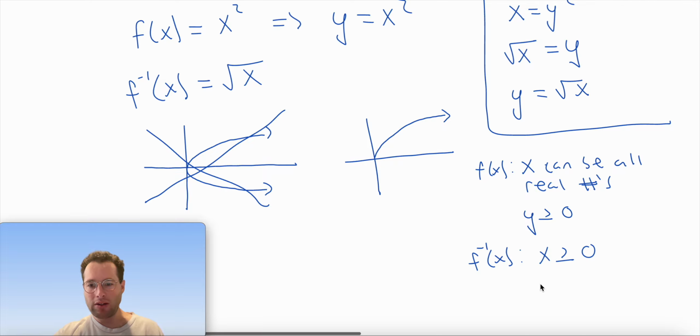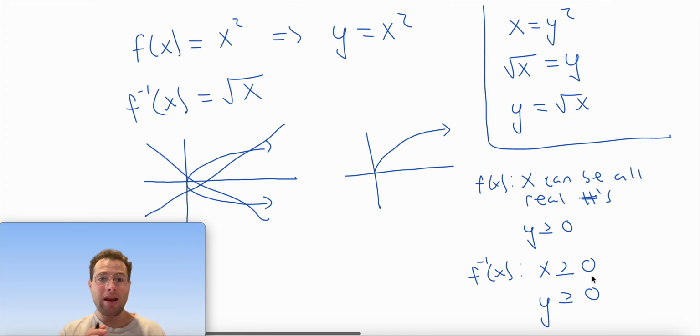So our range here is y is greater than or equal to 0. At this point you might notice, hey, didn't you say that the domain of one is the range of the other, and the range of one is the domain of the other? But for f of x, x can be all real numbers, and the range is y greater than or equal to 0. So those aren't perfectly swapped.